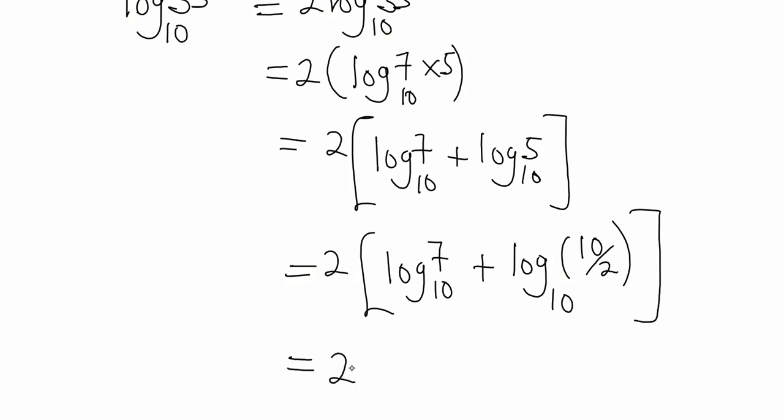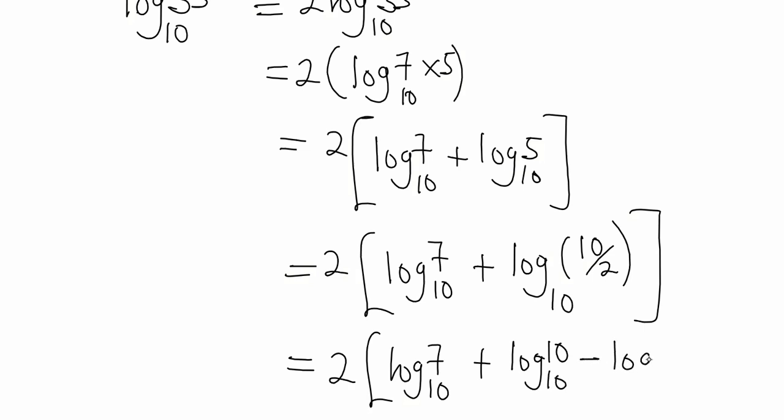So we have our 2 maintained here, and then the same logarithm of 7 base 10 also maintained, plus when we look at this single logarithm, that is log 10 divided by 2 base 10, it is a single logarithm, and we can expand by using the laws of logarithms, which means we are going to have the logarithm of 10 base 10 minus the logarithm of 2 base 10.